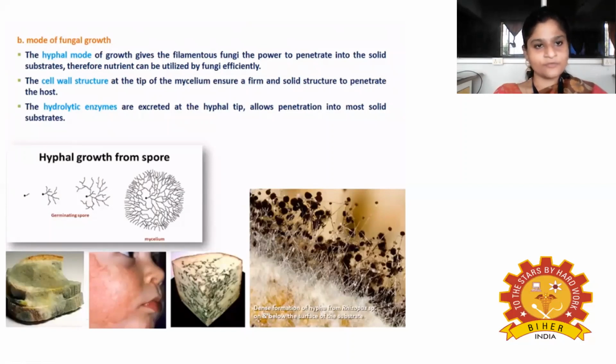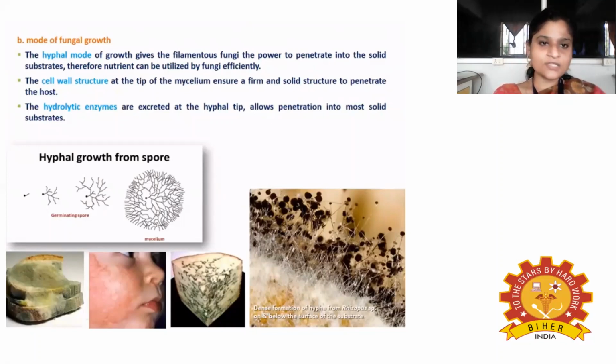This hyphal mode of growth is kind of a filament, so it will be easy for the fungi to penetrate into the solid substrates. So it can easily penetrate the solid surface, and therefore the nutrients can be utilized by the fungi efficiently. Once it can easily penetrate the surface of your substrate, it will be easy for the organism to utilize all the nutrients from the substrate.